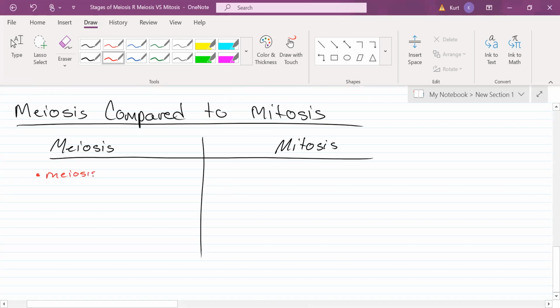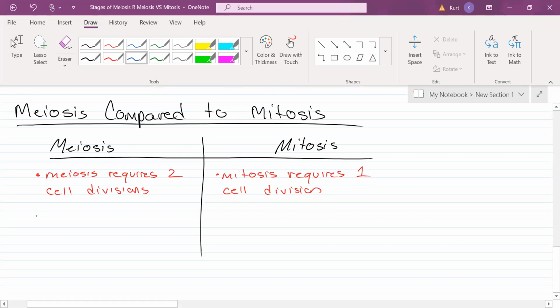Meiosis requires 2 cell divisions. Mitosis requires 1 cell division. Just one difference.